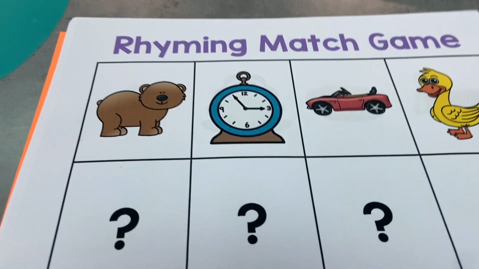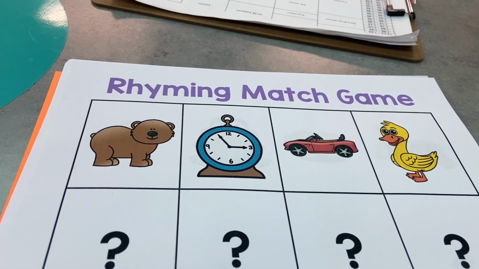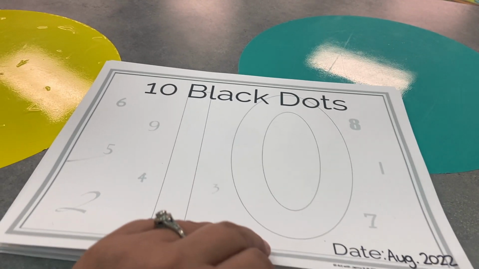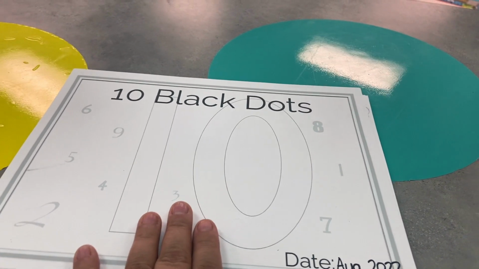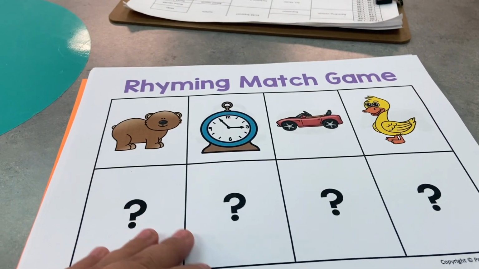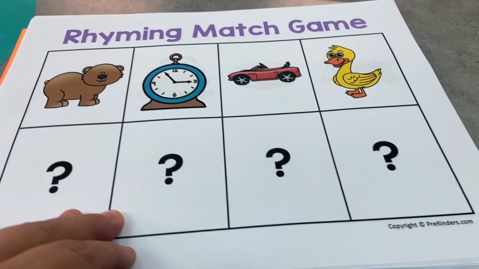So I wanted to show you some things that I am going to laminate really quickly for the day. The first thing is I'm laminating this 10 Black Dots book that we created. I also printed out a Rhyming Matching Game by pre-kinders.